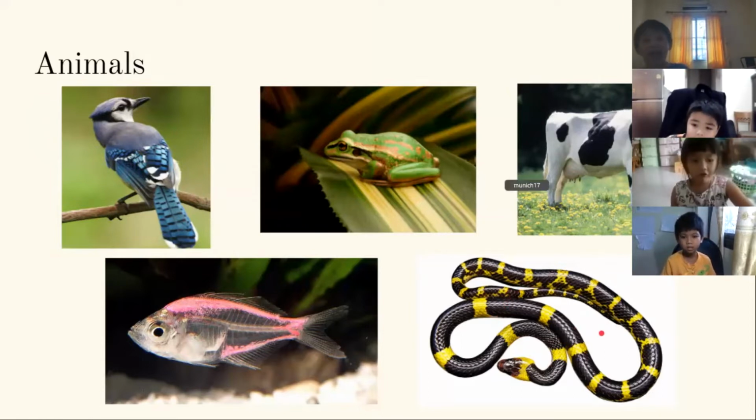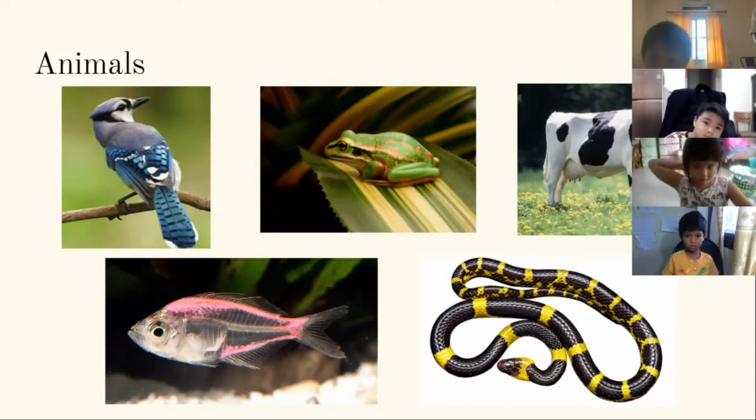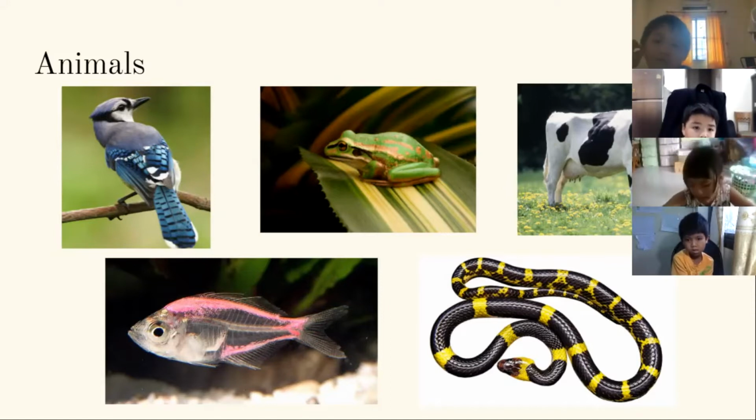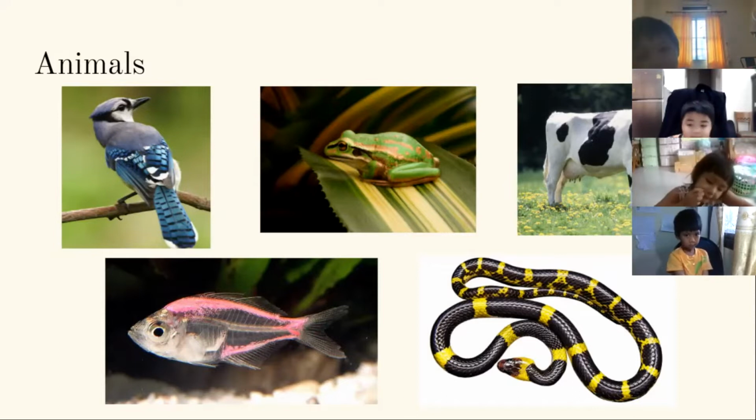When you answer, please, one word, short word. So when you answer, you just say bird, frog, cow, fish, snake. You do not say that in English, okay? When you answer, say it in short words.